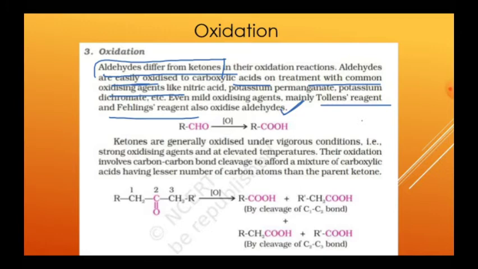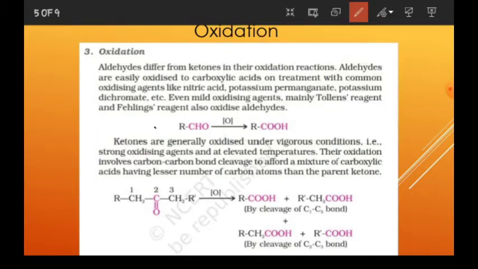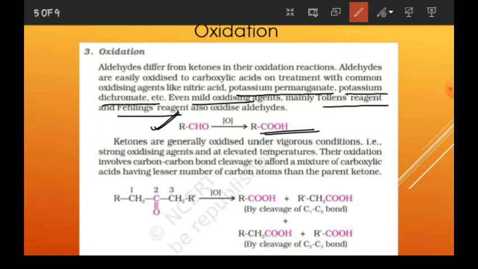As it is written, this is aldehyde RCHO. We will oxidize it into acid. Now we can use any oxidizing agent, whether strong ones like KMnO4, K2Cr2O7, or mild oxidizing agents, Tollens and Fehling's reagent, we will get the acid.